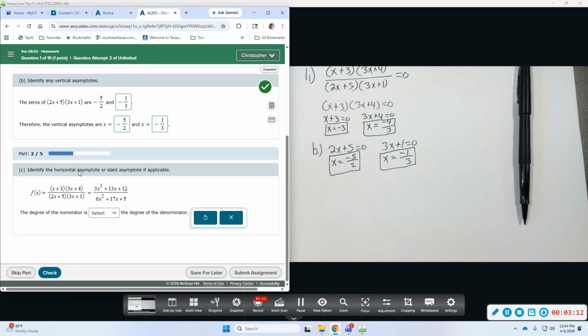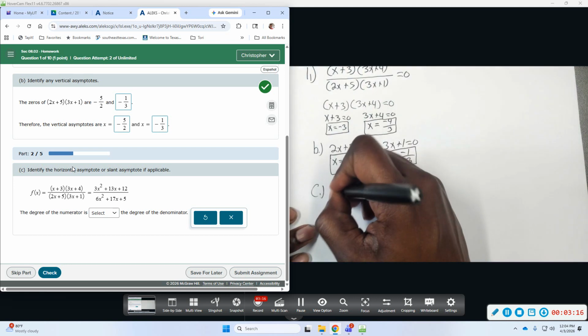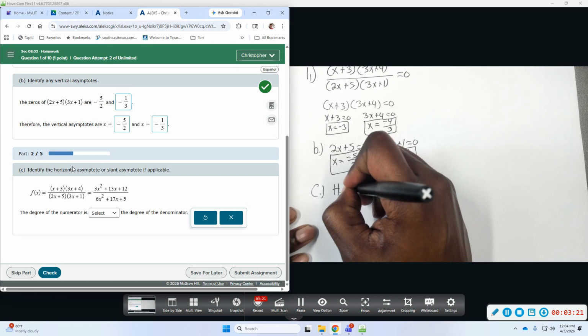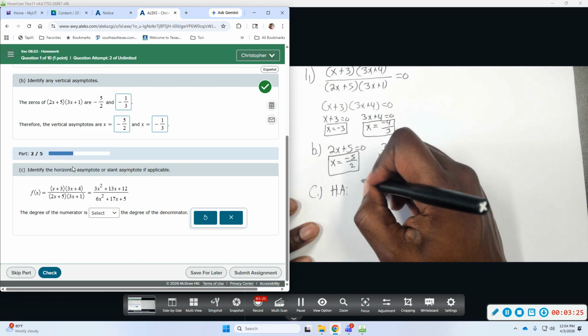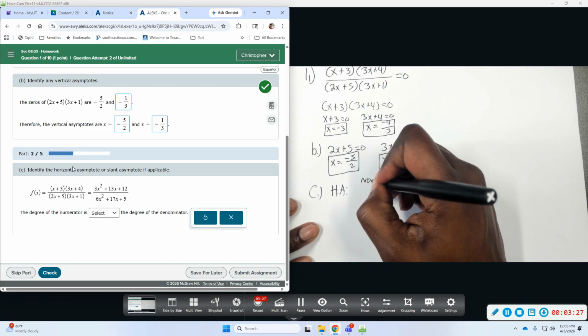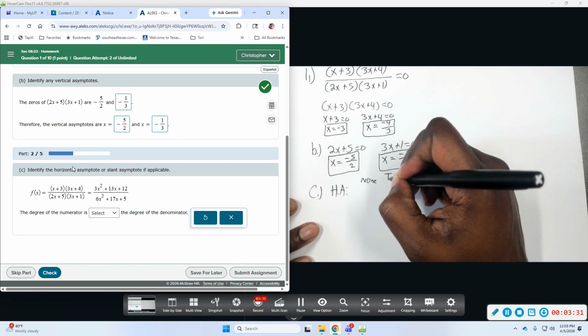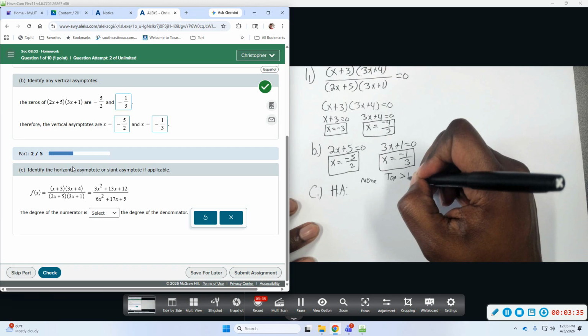All right, part C, we want to identify horizontal asymptote. So there's 3 different scenarios for horizontal asymptote. You have none. That's when the top degree is greater than the bottom.